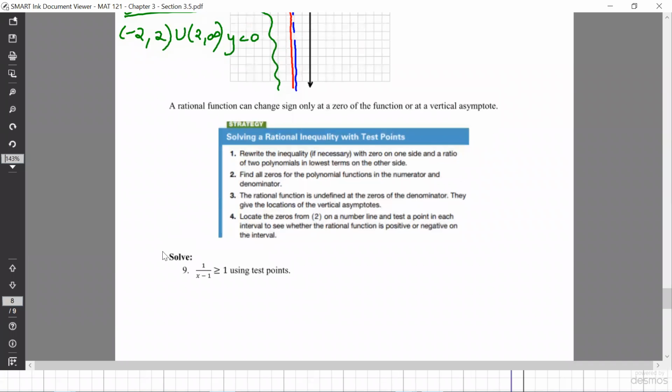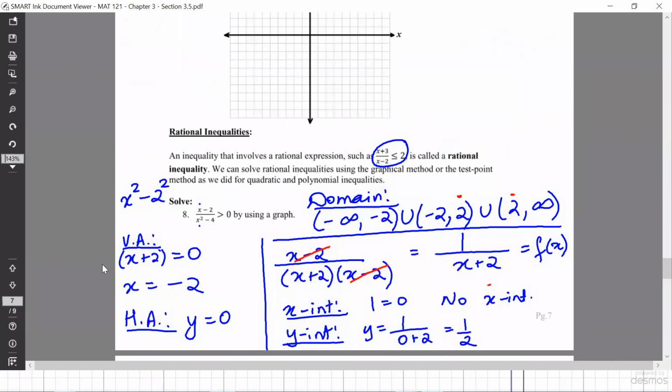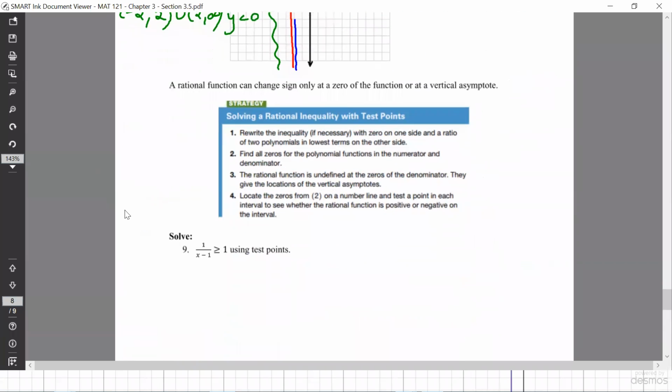So this would be the example where you can see how that one didn't have 0 on the other side, it said less than or equal to 2, so that's where we would need to bring the 2 over to the left-hand side, and get 0 on the right-hand side. And then, of course, you want to make sure your polynomial is in lowest terms. Find all the zeros of your polynomial functions in the numerator and denominator.